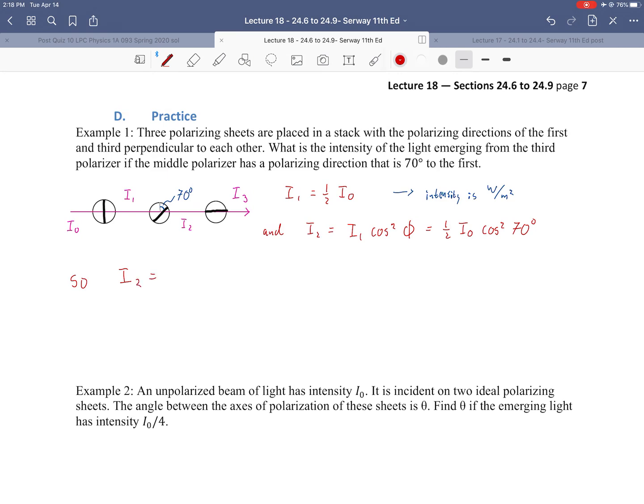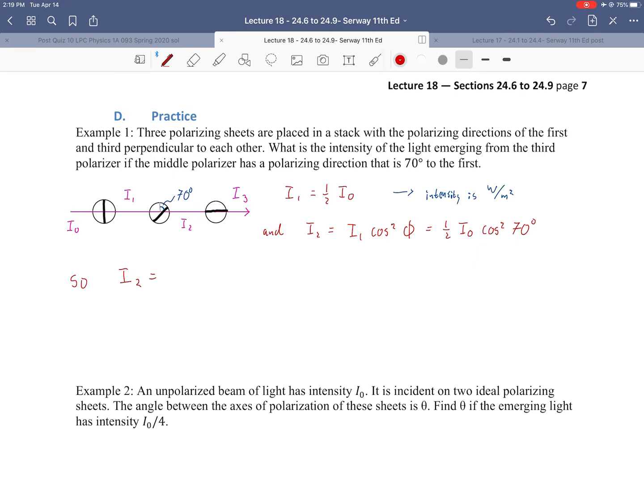So then I2 is going to equal, let's see. All right, so get my calculator here. I'm just going to do cosine squared of 70 degrees. So cosine of 70 squared, make sure I'm in degree mode. Okay, so that's about 1/10. And so then I'd multiply that by 0.5.